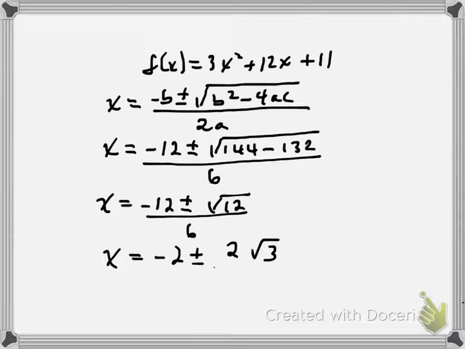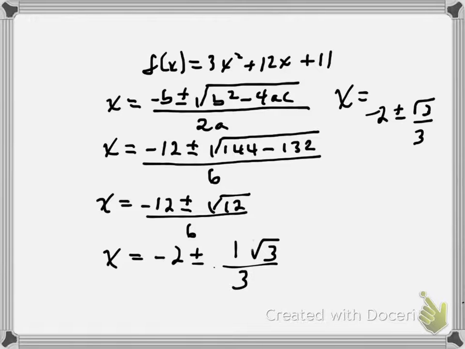Then divide by 6, so 2 square root of 3 divided by 6 is going to be 1/3. So I can rewrite this as x equals negative 2 plus or minus the square root of 3 all over 3.